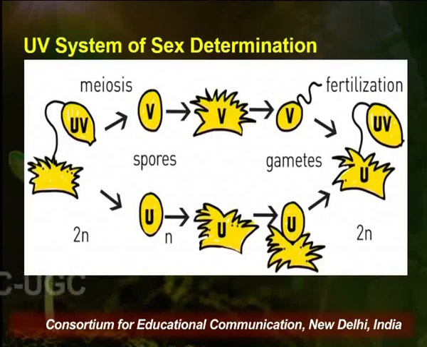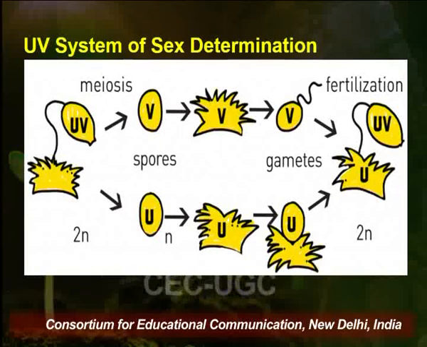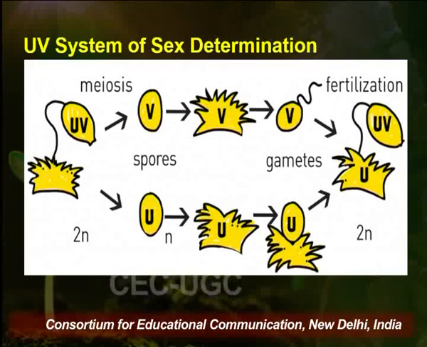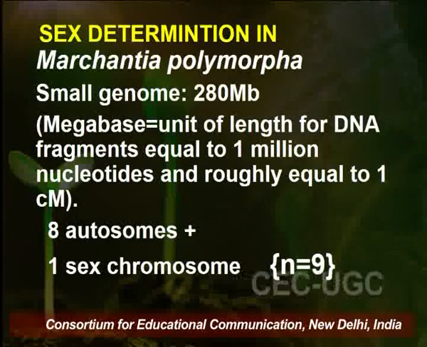On your screens, viewers, you will find a summary of the UV system of sex determination, which is very interesting, because a sporophyte undergoing meiosis would have two types of spores, one carrying V and the other U, and their gametophytes would be different, and then U would be giving rise to an egg, V would be giving rise to a sperm, and fertilization would result in again the formation of a zygote.